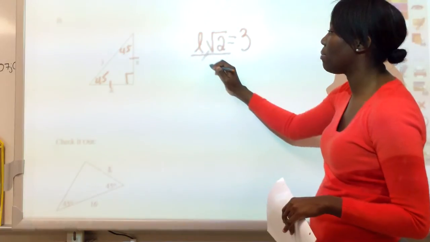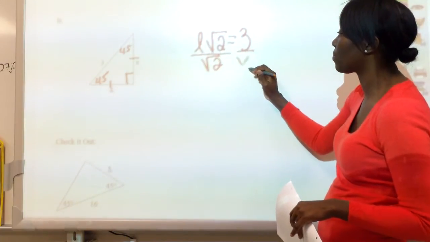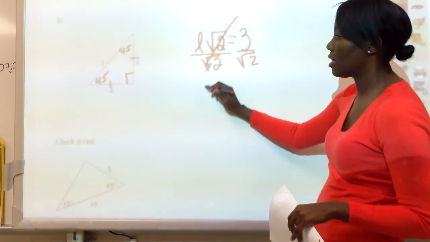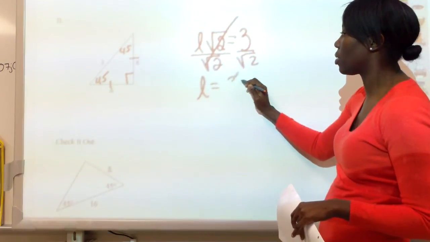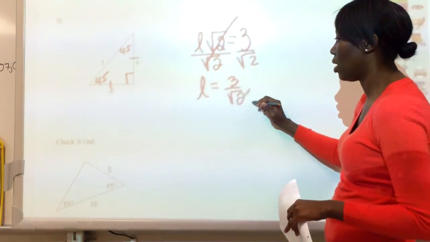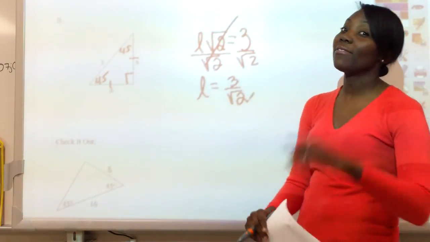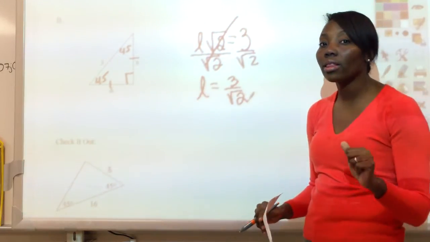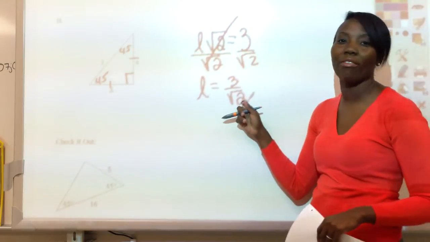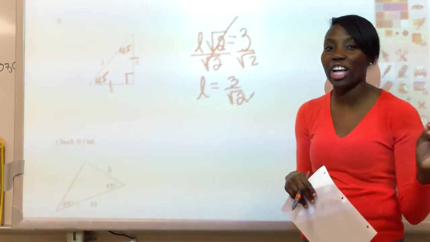Now we're going to go backwards and find out what the L is. You divide both sides by the square root of 2. And so our unknown, the leg, is equal to 3 over radical 2. And that's our answer. Wrong. It's not our answer. Because if you remember, with radicals, you cannot have a radical in the denominator, so you have to rationalize.